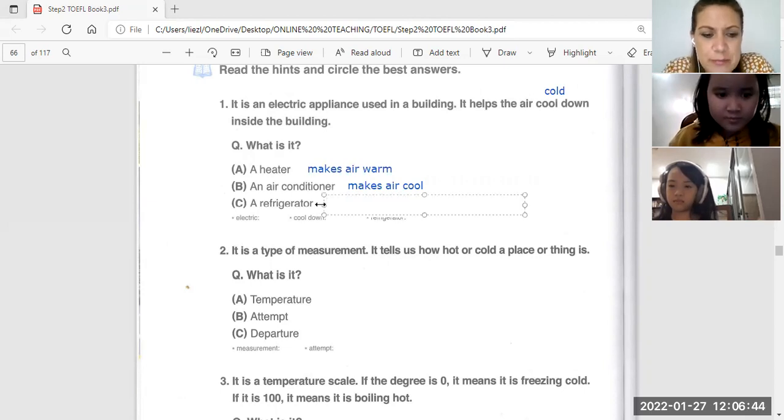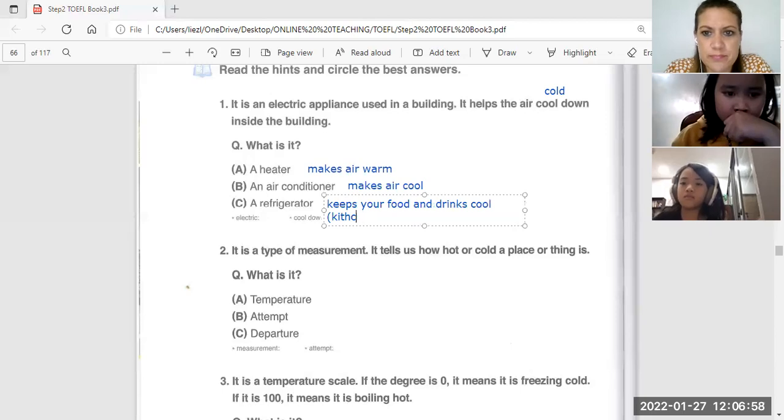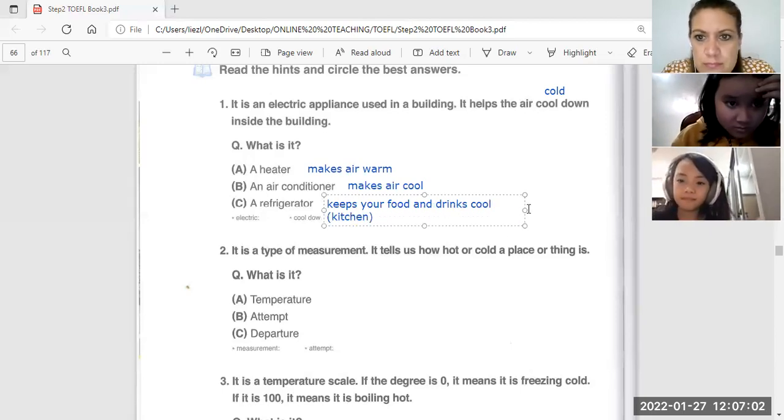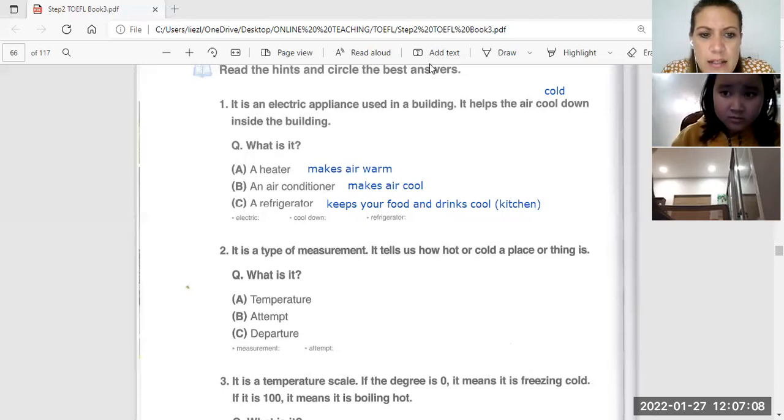A refrigerator is an appliance in the kitchen. It keeps your food and drinks cool, usually in the kitchen.